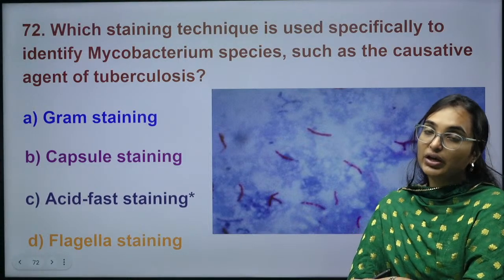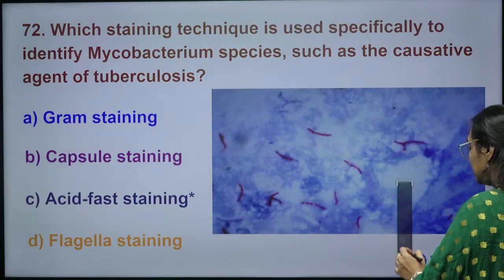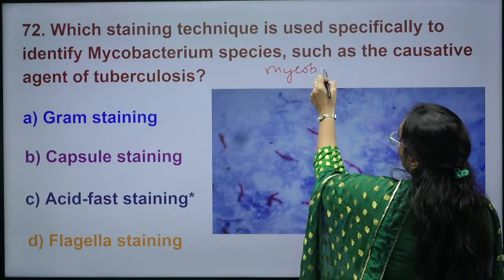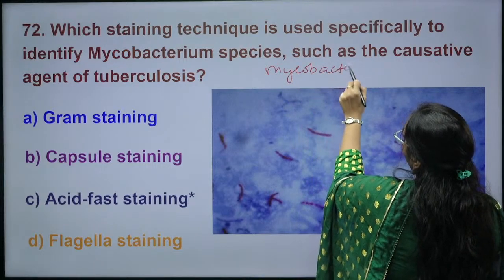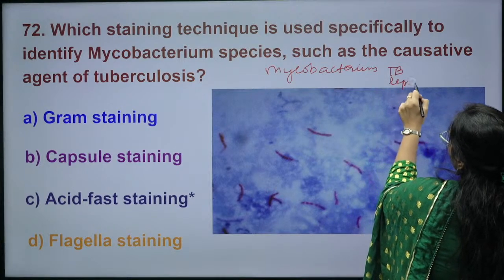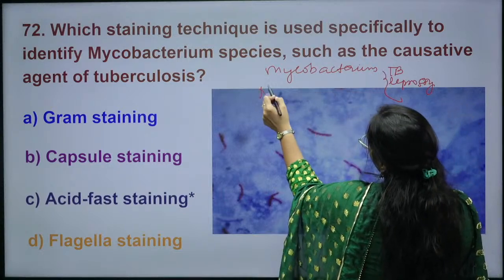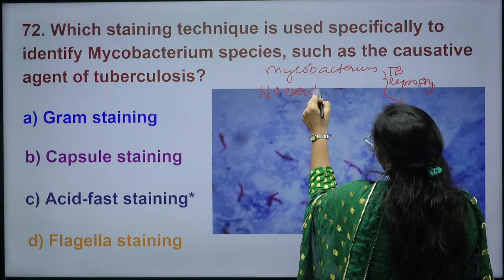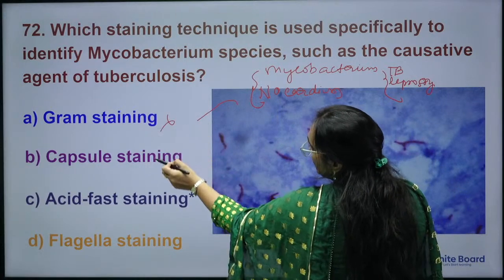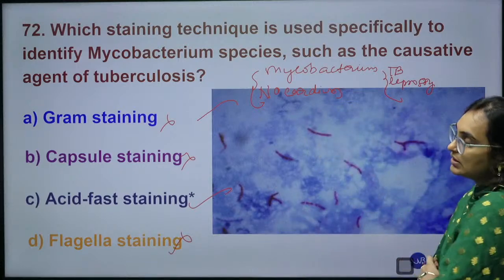Examples are Mycobacterium, which causes TB and leprosy, and Nocardia. These two can be stained using only acid fast staining, not Gram staining, capsule staining, or flagella staining. Answer is C.